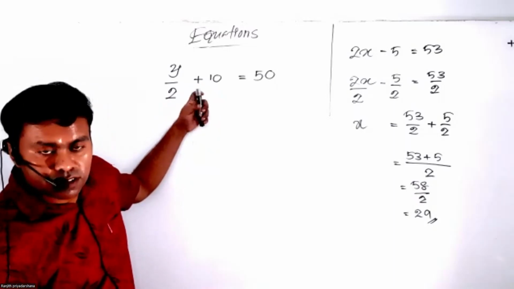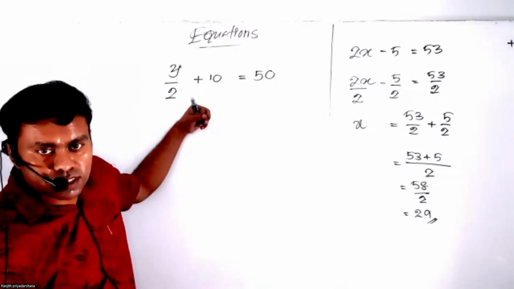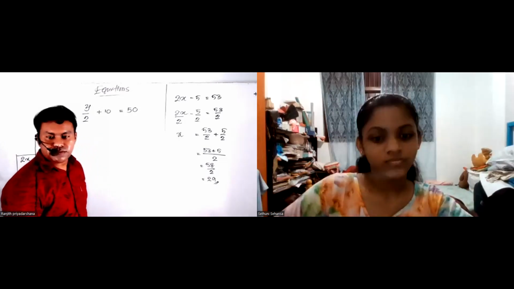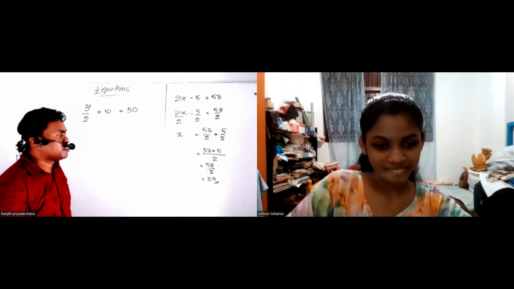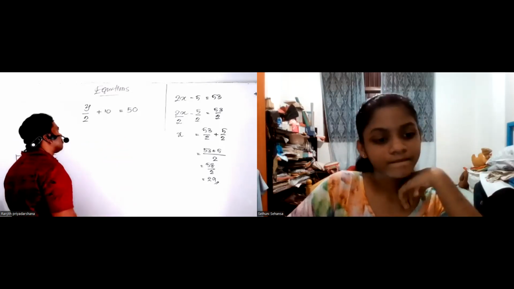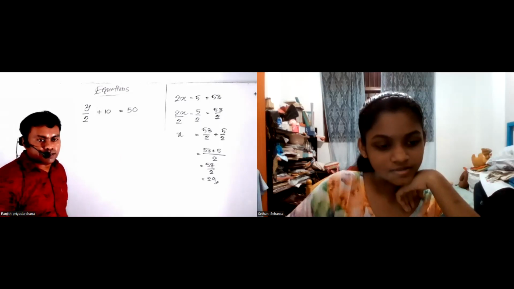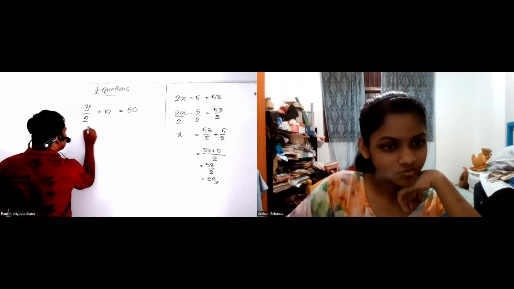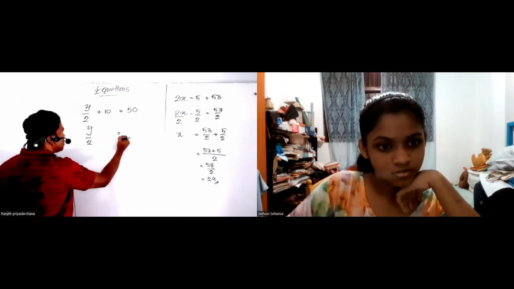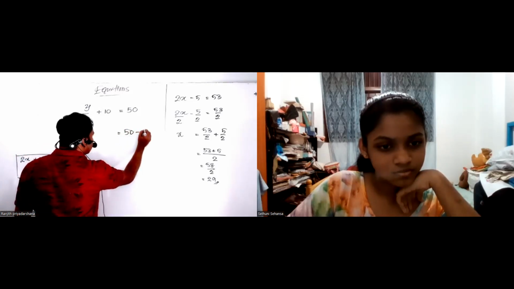Right. So now one of you has to tell me the steps of solving this. Setuni, can you hear me? Right. Okay, now tell me the steps. First remove this 10, right? Therefore, y upon 2 plus 10 goes to the other side as minus 10. 50 subtraction 10.